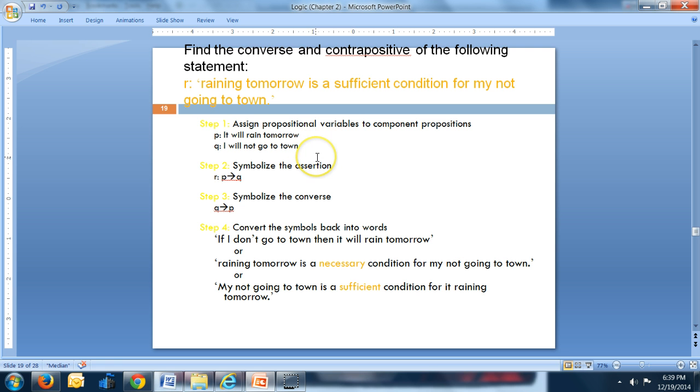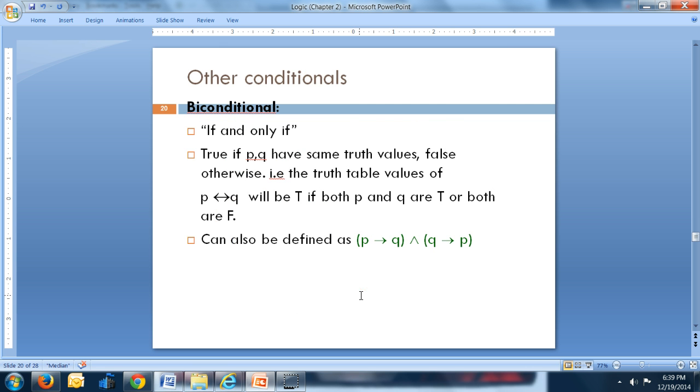The symbol for the conditional statement, if R, is the statement equivalent to if B then Q. Symbolize the converse now, Q then B. Convert the symbols back into words. If I don't go to town, then it will rain tomorrow. Or raining tomorrow is a necessary condition for my not going to town, or my not going to town is a sufficient condition for it is raining tomorrow.